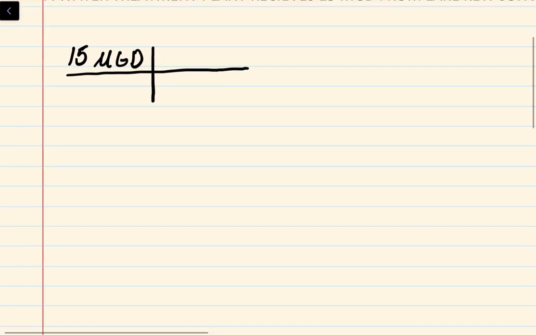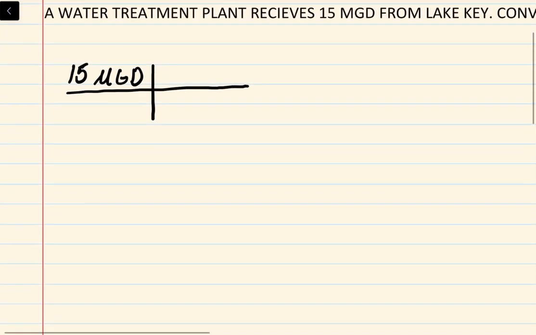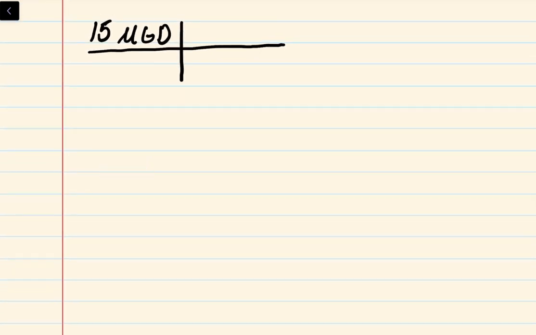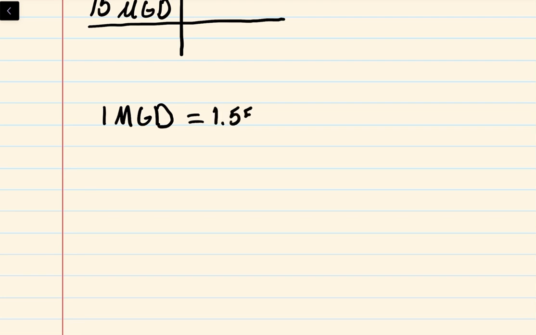You can go through a whole loop of measurements to do this, but I would say if you're in engineering, this is a good one to remember. It'll help you. The conversion factor for 1 MGD equals 1.55 cubic feet per second.